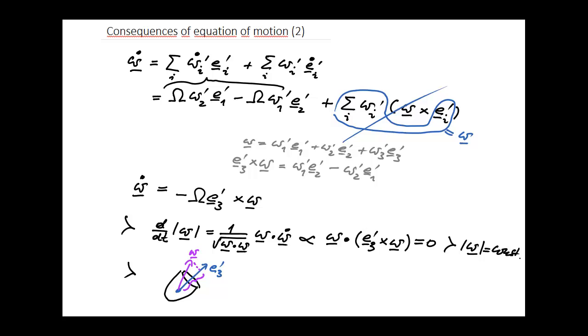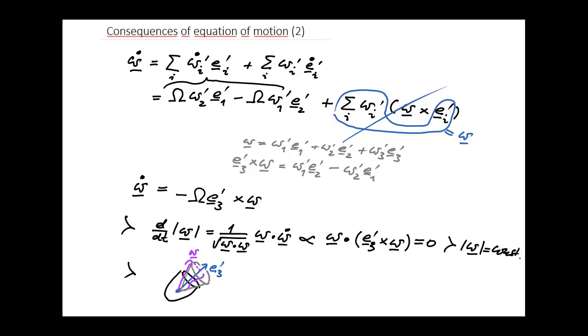This implies that the vector omega can vary in time, but at all times it must lie on a cone around the figure axis. Because on this cone, this gray cone, imagine any position of omega on this cone. The vector always has the same length, and it always has the same projection on the figure axis.